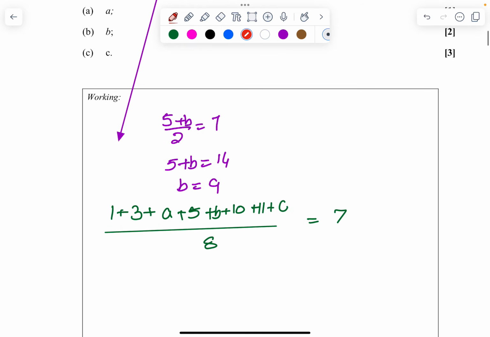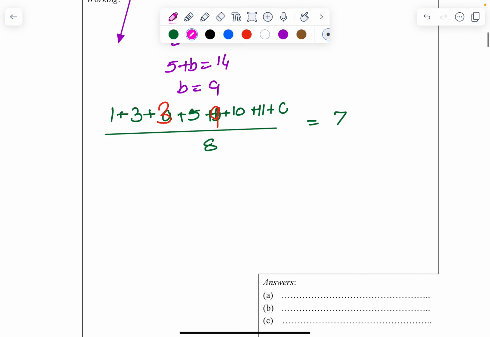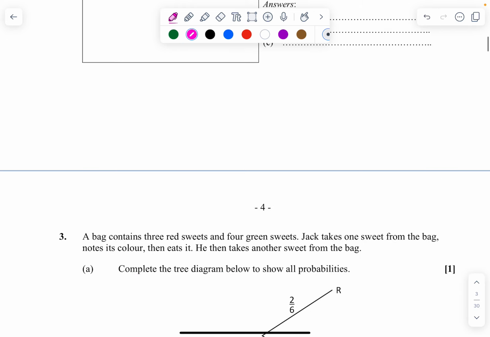But just now we know that A value is 3 and B value is 9. So we substitute those values of A and B. Then we get 42 plus C equals 8 times 7. 8 times 7 is 56. So C equals 56 minus 42, which is going to be 14.